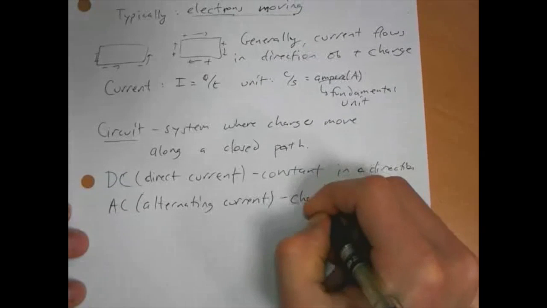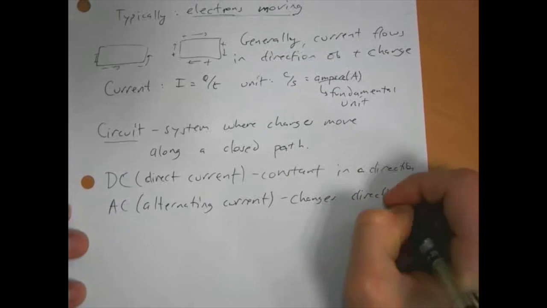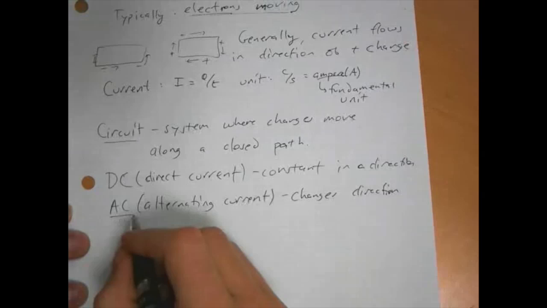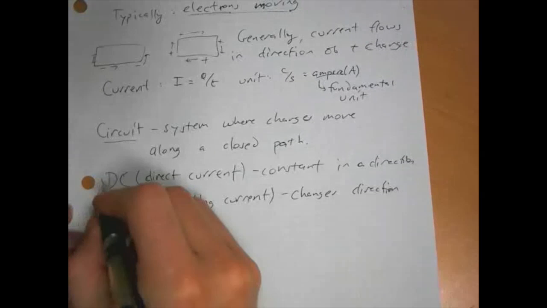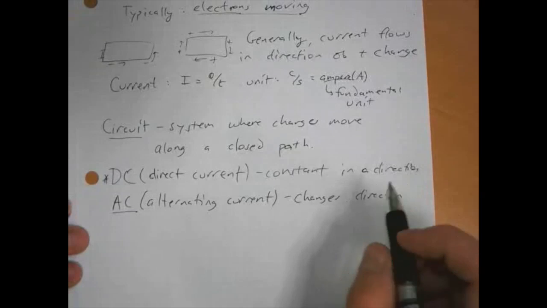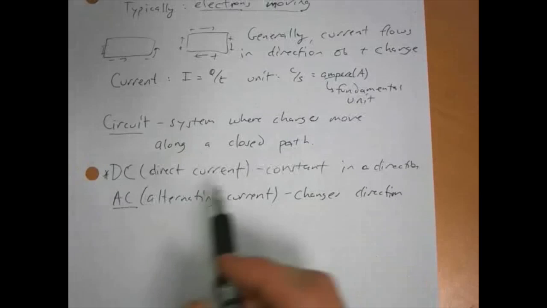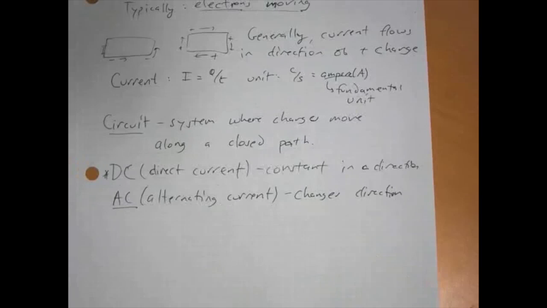And we will talk more about alternating current in another chapter. So this DC is what we'll be dealing with throughout this chapter. Alternating current has a lot to do with the way that electricity is related to magnetism. So we'll wind up hitting that later.